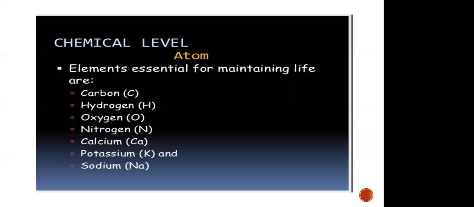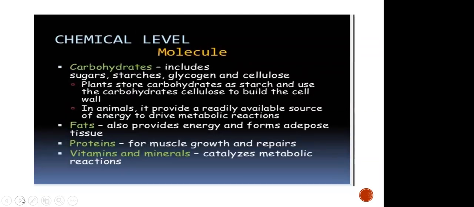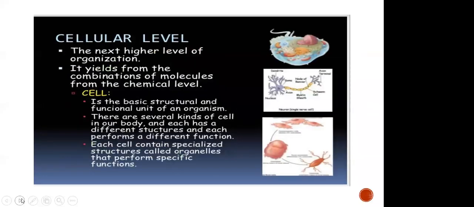These atoms, these smaller subunits, are composed to form molecules. We already discussed molecules also: carbohydrates, fats, proteins, vitamins and minerals, isn't it? Up to here we discussed. Now the cellular level of organization. Look at this slide, children.